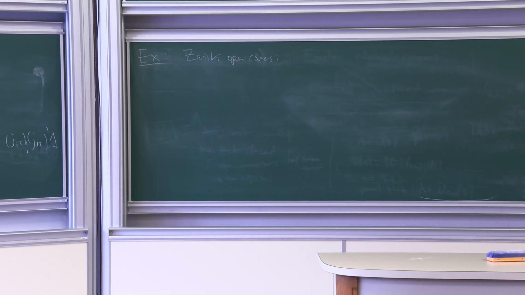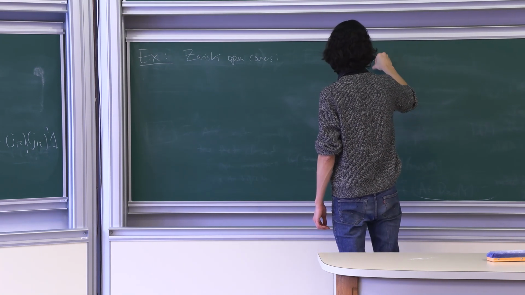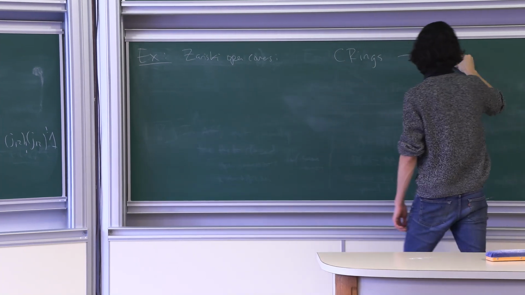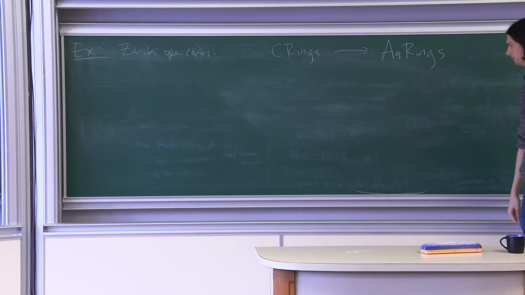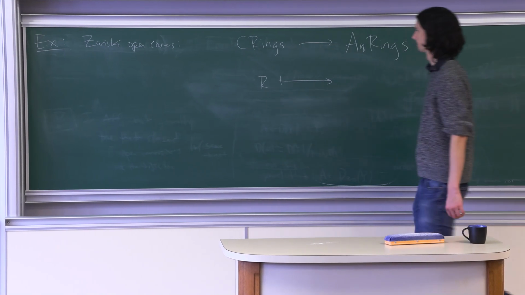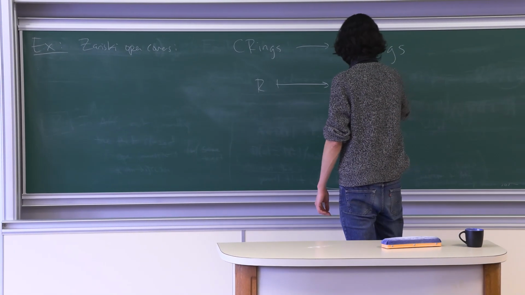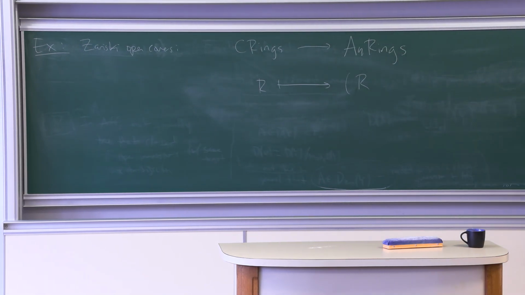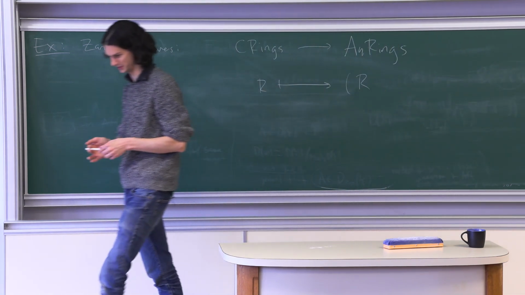So note that there is a functor from the usual category of commutative rings to the category of analytic rings, which sends a commutative ring R to the pair where we view R as a condensed ring, but it's just discrete, so it has the discrete topology.